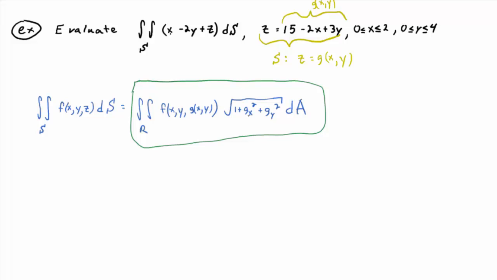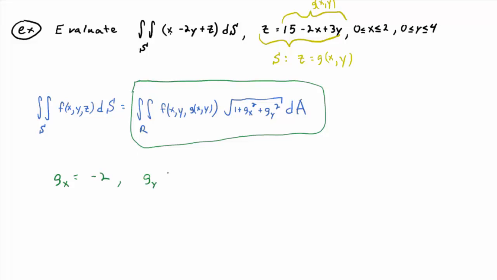So the partials, yeah. You look inside the integral symbols, and then inside the radical notation, and inside the squaring functions, and you see g sub x and g sub y, don't you? So we're going to find the derivative of g with respect to x. That's the same as z sub x, right? So what would that be? Negative 2. Oh, that wasn't that bad.